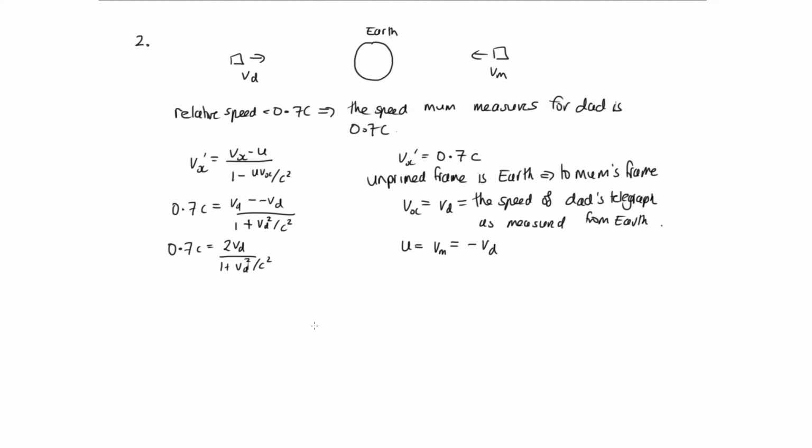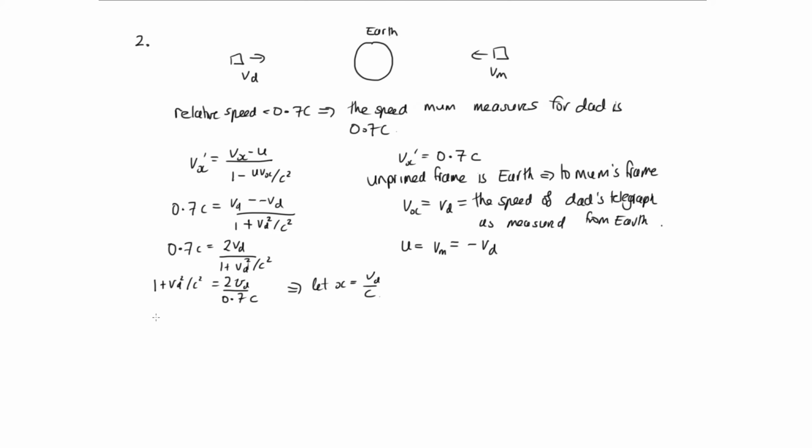Okay, now let's rearrange this a little bit. We can write this as 1 plus Vd squared on c squared equals 2Vd over 0.7c. And now let's let x equal Vd on c.